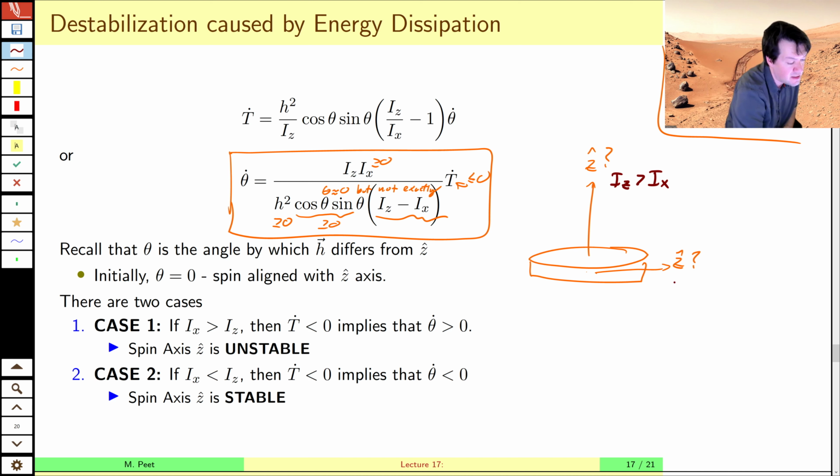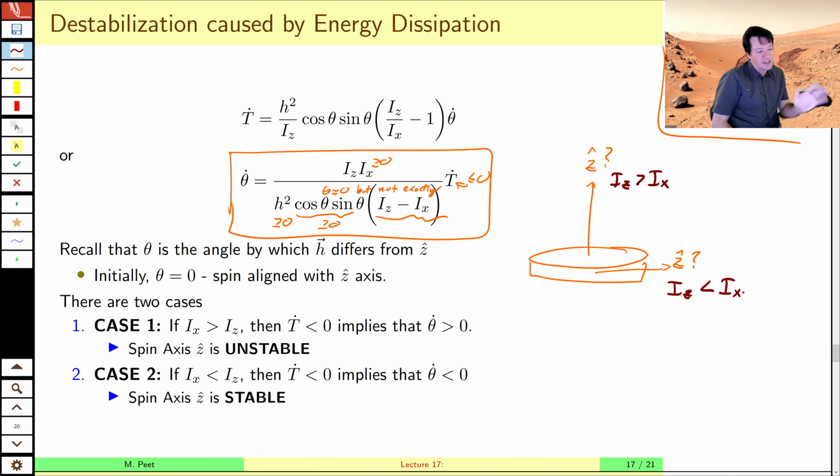Now, in this case, z is not an intermediate axis because there's no intermediate. I guess we can call it a minor axis, but it's minor / intermediate. So in any case, Iz is less than Ix.